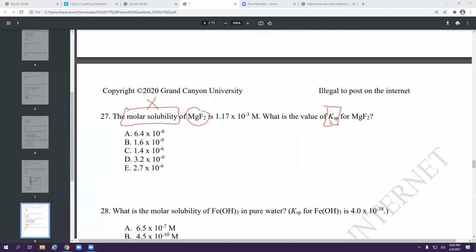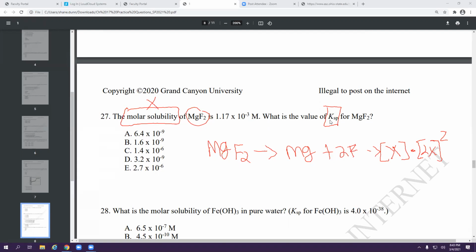Magnesium fluoride, MgF2, will give me Mg2+ plus 2F-, which we break down into the concentration of X times the concentration of 2X squared. Everyone got that so far?